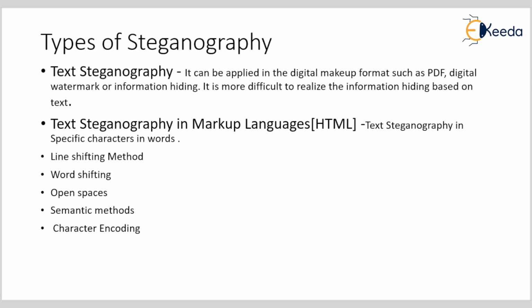These are some of the different methods in which text steganography can be performed. Generally, it is performed in hypertext markup language, which has specific characteristics like line shifting, word shifting, open spaces, semantic methods, or sometimes character encoding also. So with these different types of character specification, we can provide text steganography to your original message.